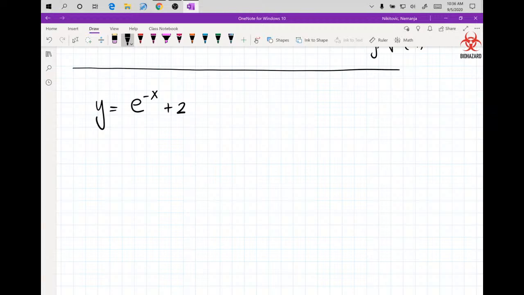this one has two transformations. There is a transformation here. Remember, that's your negative x transformation. That's a reflection on y-axis. So y-axis reflection, and this is shift up 2 units.